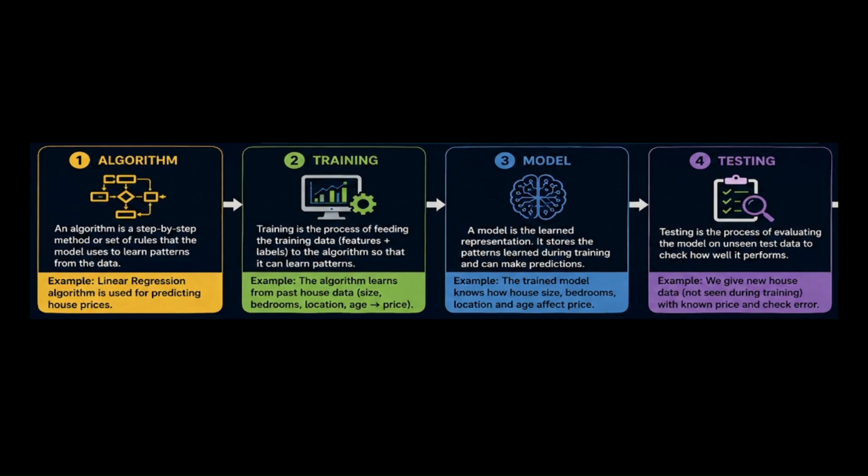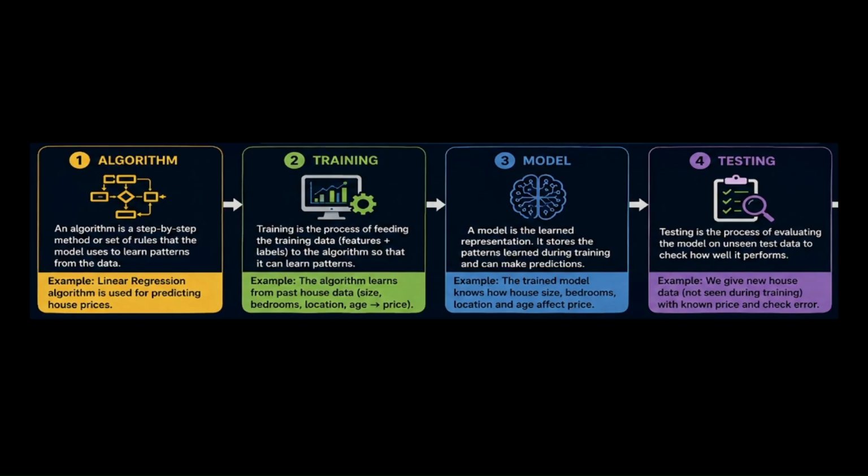Now, coming to testing. Testing means checking how well our trained model performs on unseen data, which is not in its training data set. So, remember, we should not test the model using the same data that is used for training, right? Instead, we keep some data separate as test data.